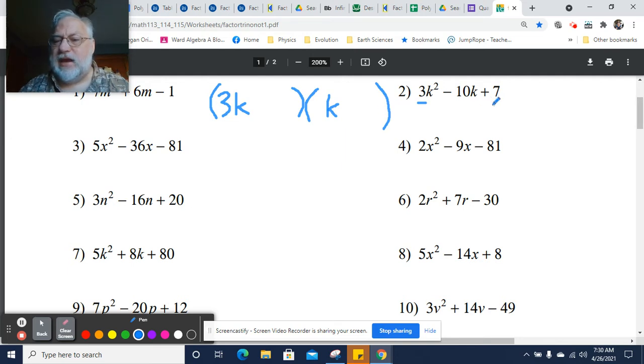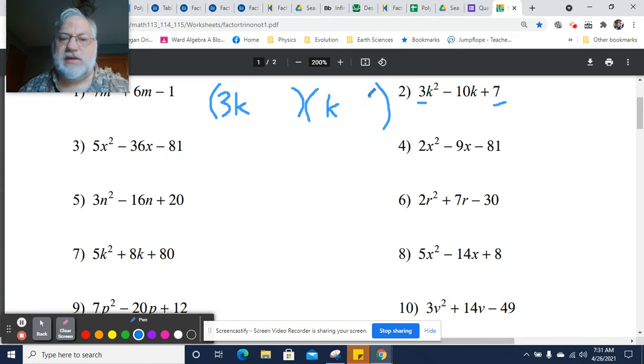And then since 7 is a prime number, one of these will be a 7 or perhaps a negative 7 since this is negative. So it can sometimes be tricky to work out. So I'm going to go ahead and work it out one way, and then a second way, so you can kind of eyeball it and work it out. So 7 times 3 would get you 21.